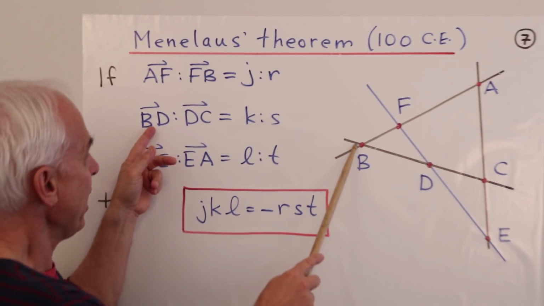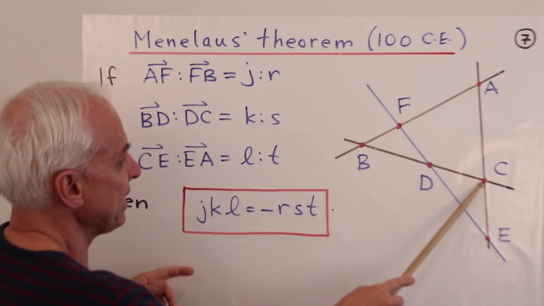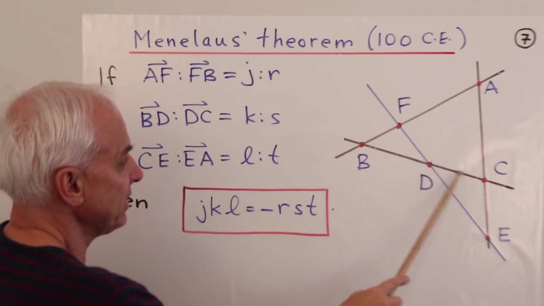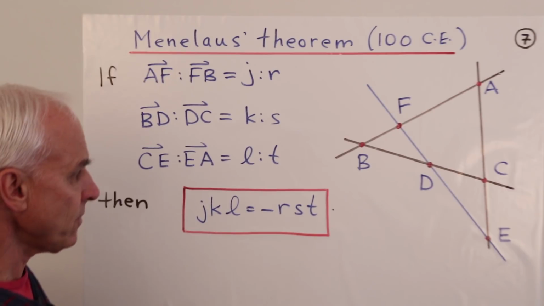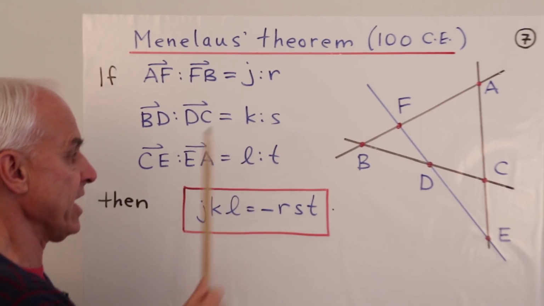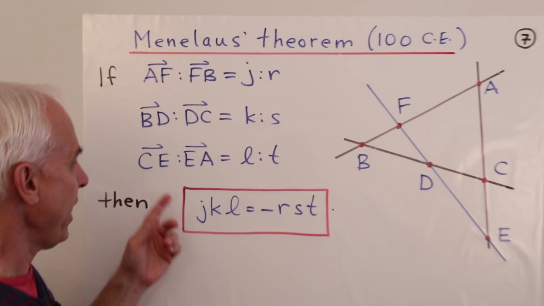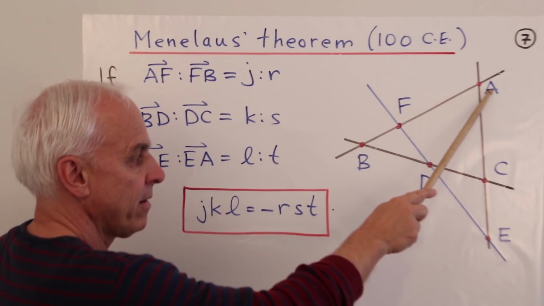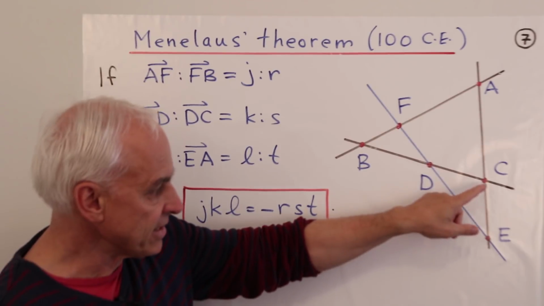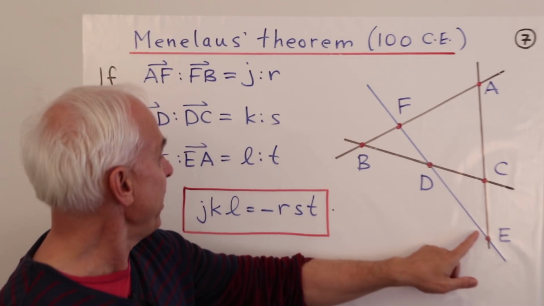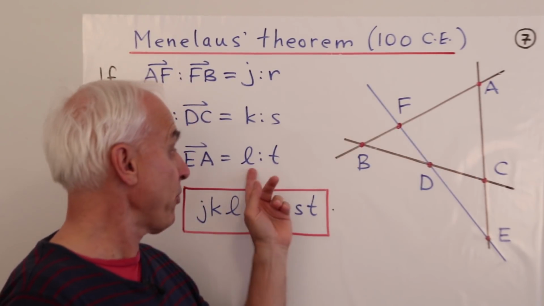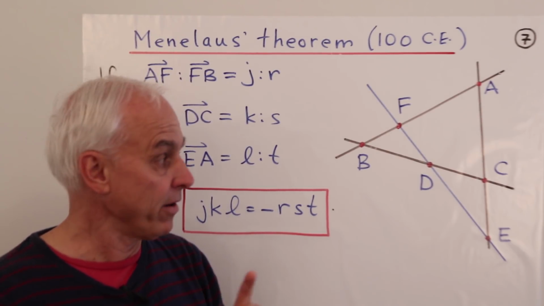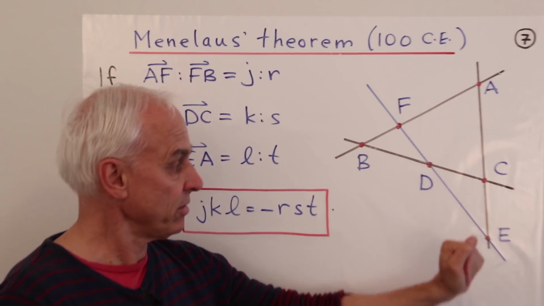And then the next one, BD to DC. Kind of going around in an organized way here. BD to DC. That's also some proportion. Let's say K to S. And then finally, CE to EA. Now notice that in this case, the CE will be in that direction and the EA will be in that direction. So this proportion is going to involve a negative number somewhere in this particular situation.